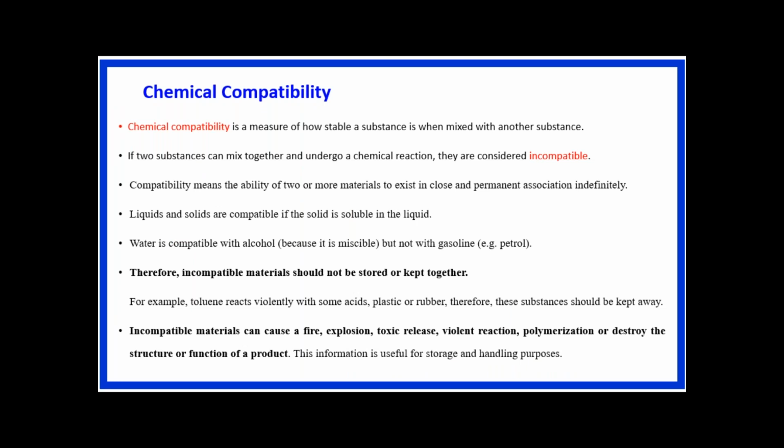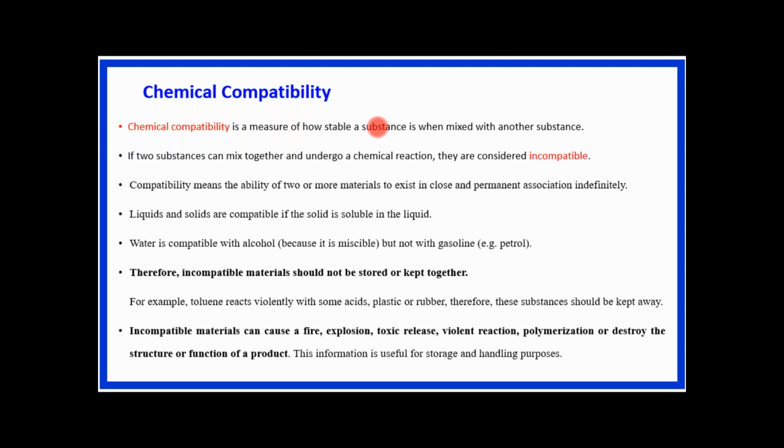So chemical compatibility is a measure of how stable a substance is when mixed with another substance. So that gives us the idea regarding the stability of the substances when they are mixed with each other or when they are contacted with each other.